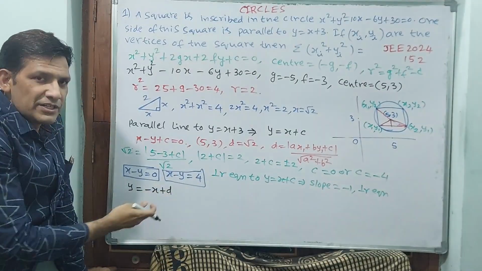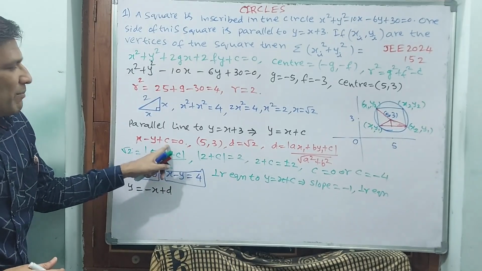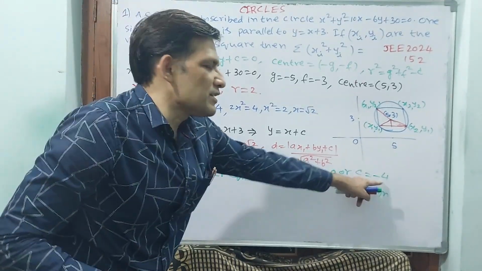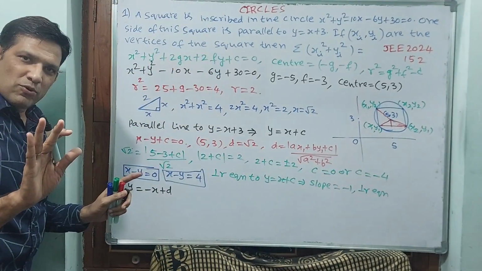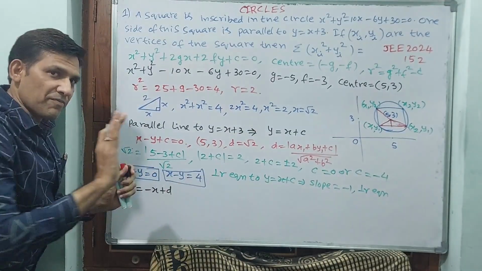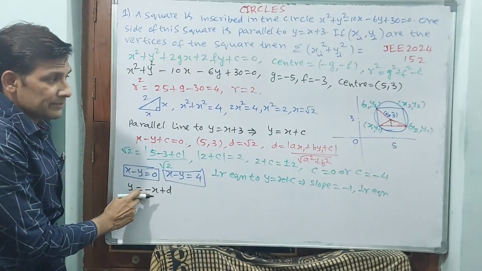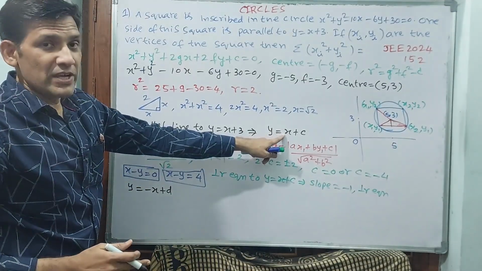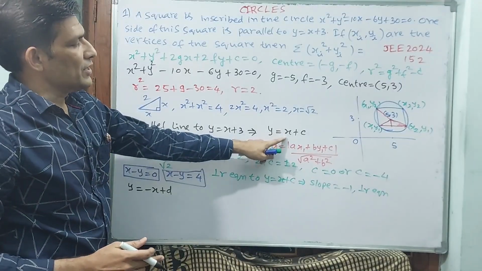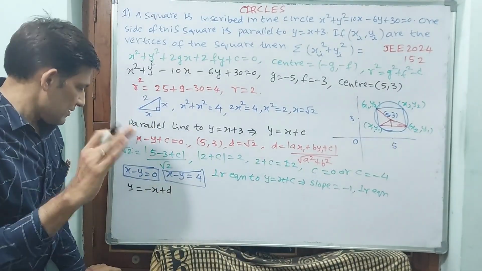We don't know this constant. D may be positive or negative. Here we have written plus c, but ultimately one is 0, another one is minus 4. That is why don't bother about that. You take plus d only. Constant we don't know, what will come we will see afterwards. But slope definitely we have to take minus 1 here. Why? Because here plus 1 is there. In y is equal to mx plus c, m is 1, m is minus 1 because of perpendicular. Okay? That is the thing.